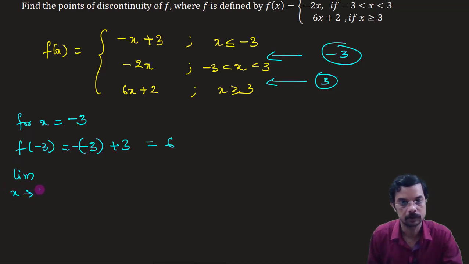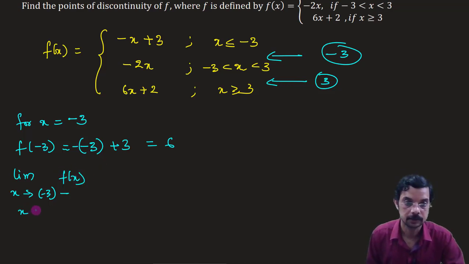Now, the limit as x tends to minus 3 from the left and from the right are different.